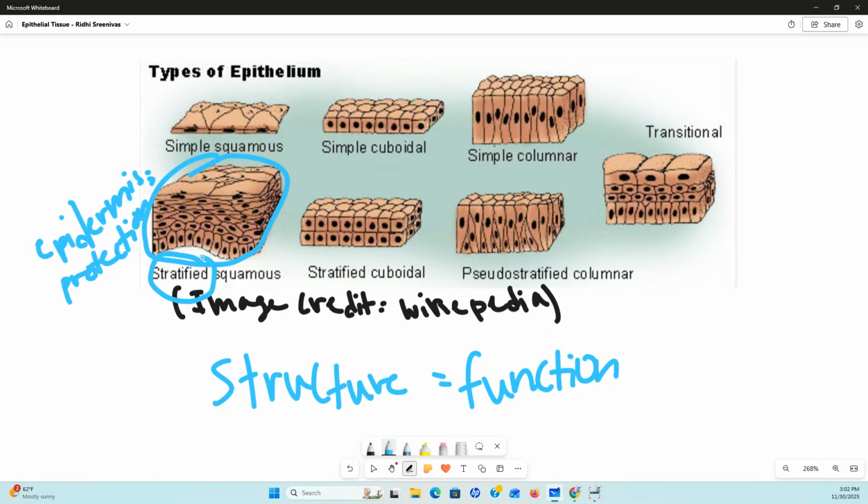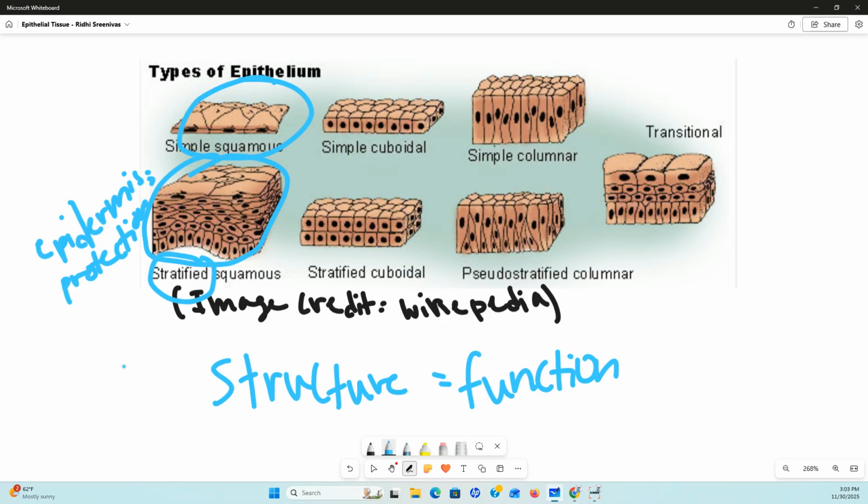the word stratified again refers to there being many layers of that type of cell. So if there are many layers, that means it should be good for protecting compared to it being simple, right? Because simple looks more fragile because there's only one layer of the cell, so it's going to be more fragile, therefore not as suitable for this function, right? So stratified kind of tells us, okay, this is a more mechanical work sort of thing that this organ does.